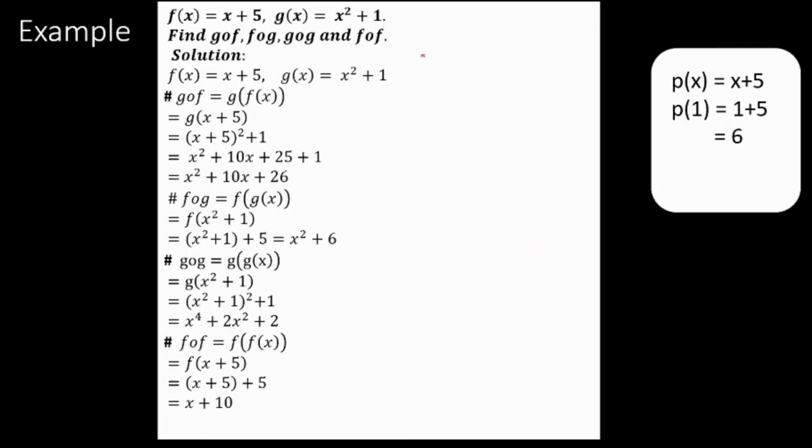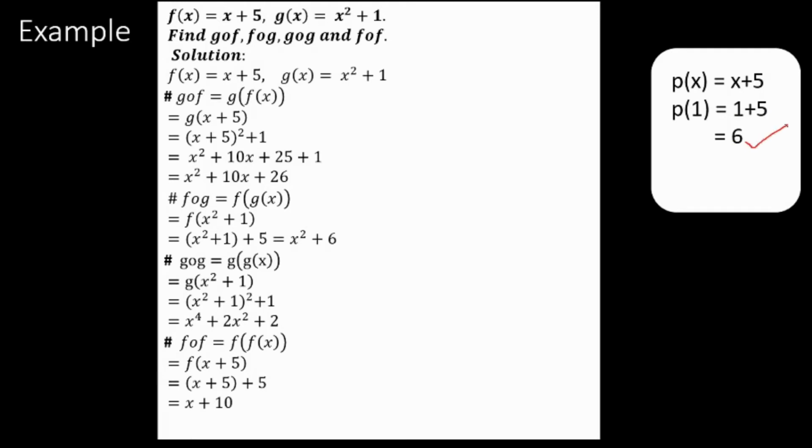Before moving on to the example, we'll go back to your lower classes, class 9 and 10, where you have learned polynomials. You have learned, right, p of x is equal to x plus 5. So p of 1, instead of x you will be substituting 1. So what do you get? 1 plus 5, that is 6.